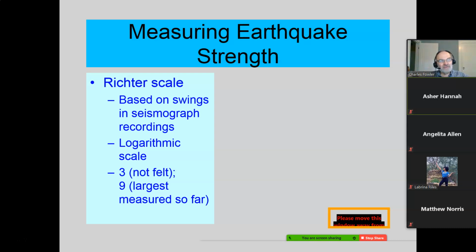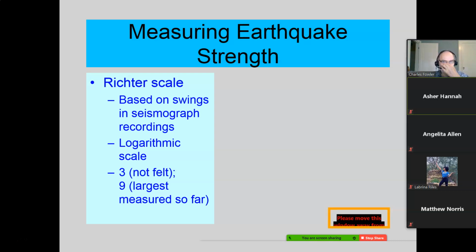Not on how many buildings fell down or how many gas leaks you had or how many fires. Those all vary place to place. His was based on the actual swings in the seismograph recordings. So he was probably instrumental in getting these seismographs all over the world so that they could measure them.